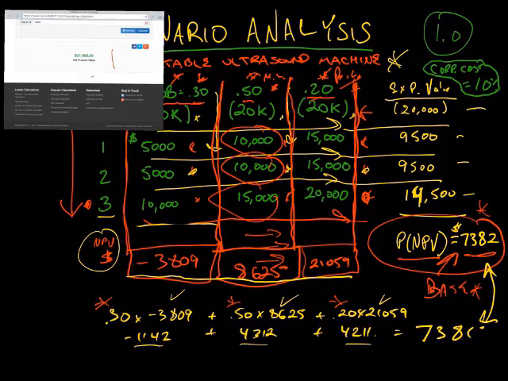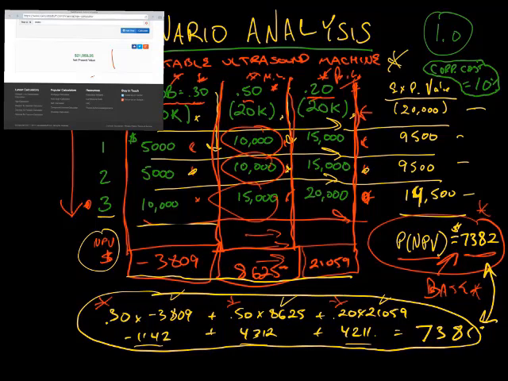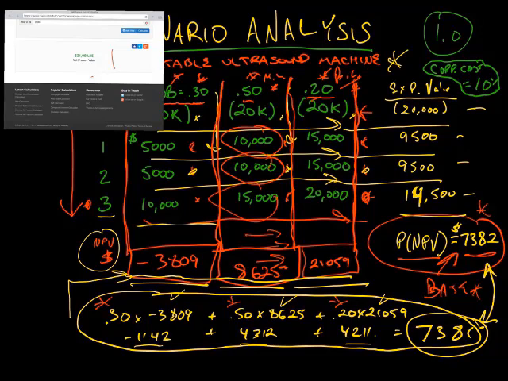You could do it this way if you want. Again, the project's net present value under scenario analysis, incorporating all the various scenarios that you've just done, is the same. Okay, so now you know how to approach that question should you get it.